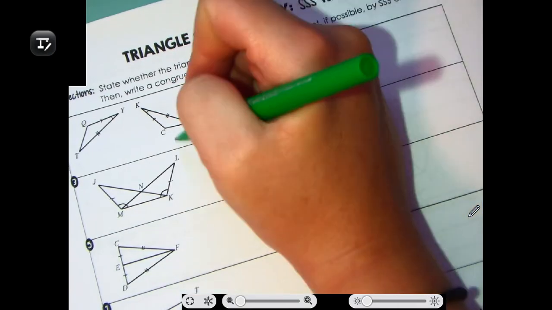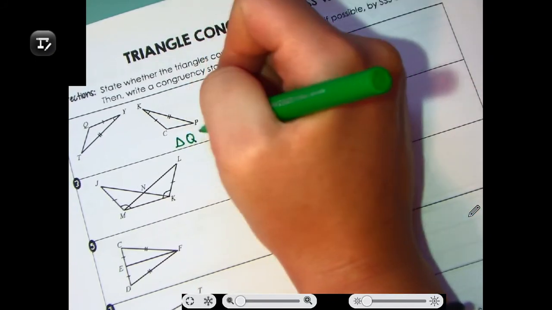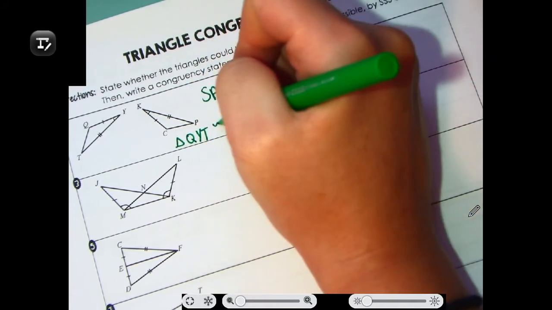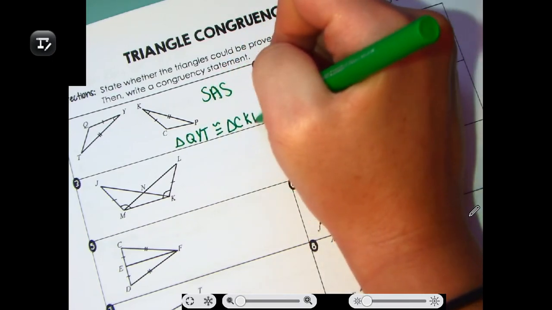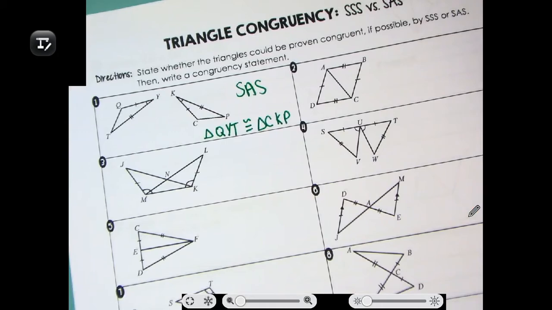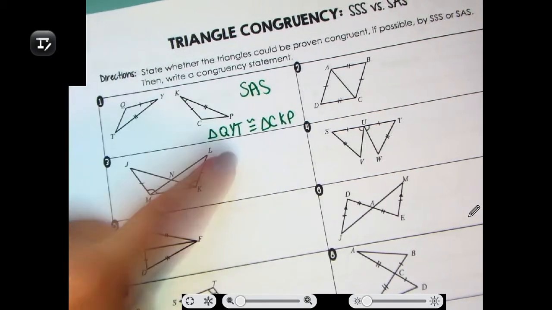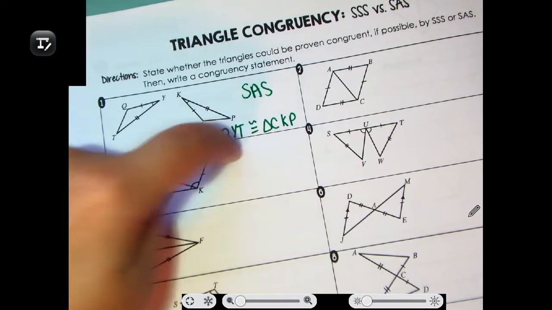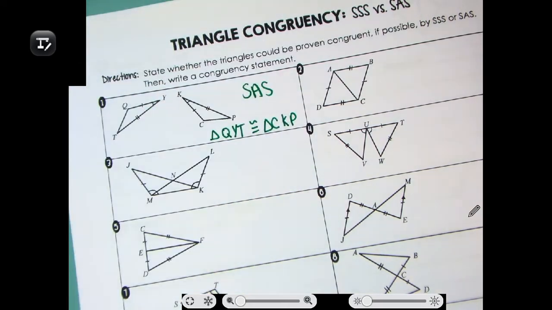And then I could write a congruency statement where I could say triangle QYT is congruent to triangle CKP. And with your congruency statement, remember that you need it to be in the same order. So like Q and C are corresponding, K and Y are corresponding, and then T and P are corresponding.